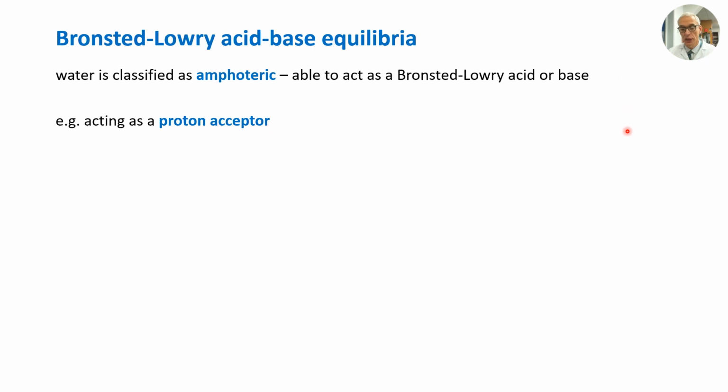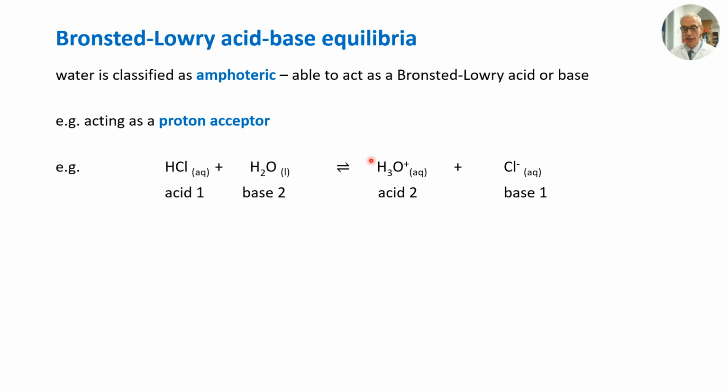So if we look at an example of it as a proton acceptor from the previous slide, we have hydrochloric acid, or aqueous hydrogen chloride, and water giving us our hydronium ion and chloride ion, and I think we identified these as conjugate acid-base pairs.